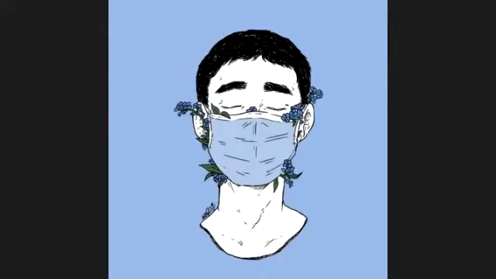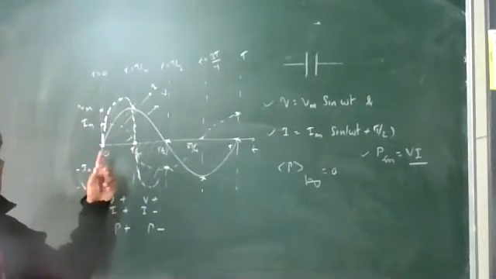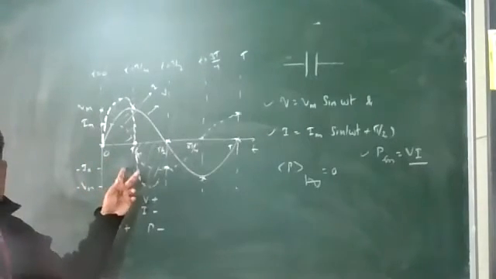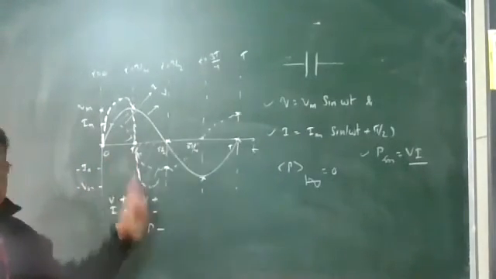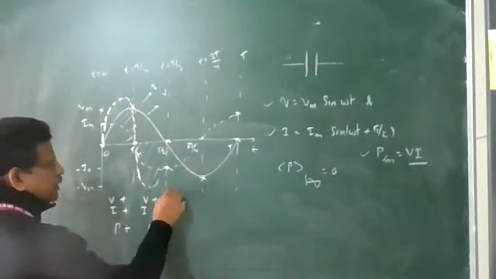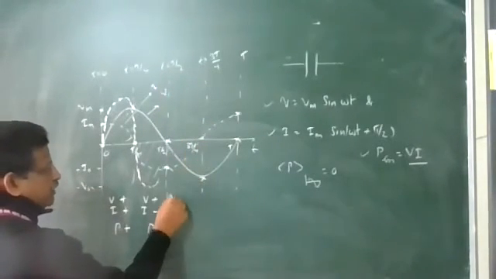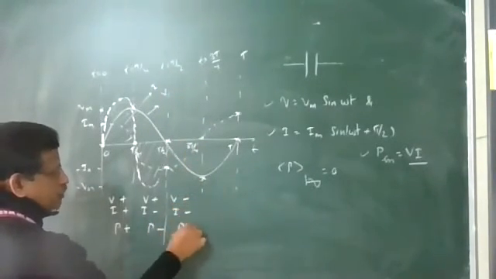The variation of voltage and current along with power variation. This is the graph from the NCERT and it was asked in the board examination. So here it is negative, and you can see the next time, T by 2 to 3T by 4, voltage is negative, current is negative, so power is positive.